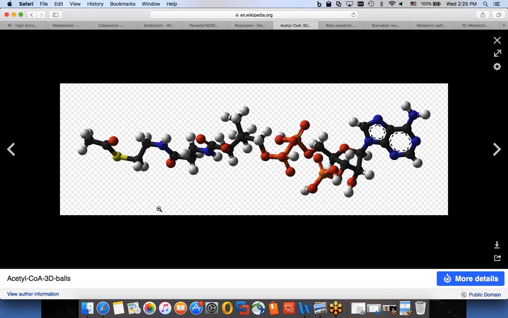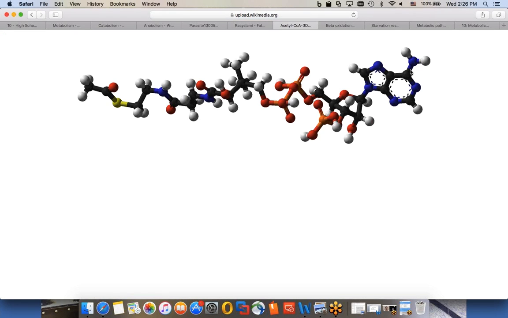The part of this acetyl-CoA that is kind of the functional group, let's call it, the part of the fatty acid that is added to it is this one here at the very end.